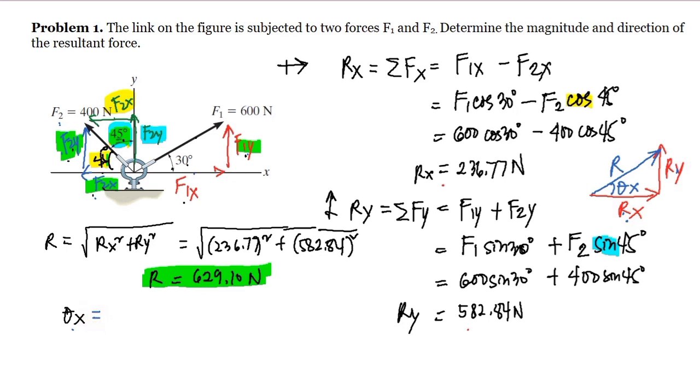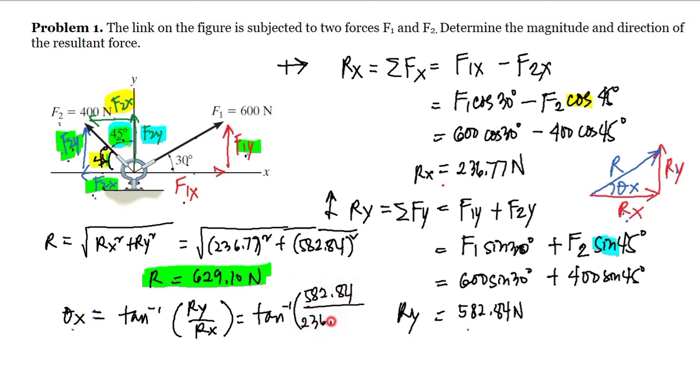So we have the arctangent of Ry over Rx. That is equal to the arctangent of Ry, which is 582.84, over 236.77.